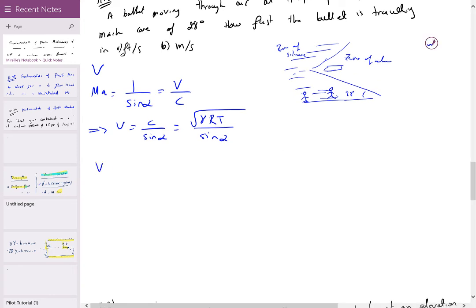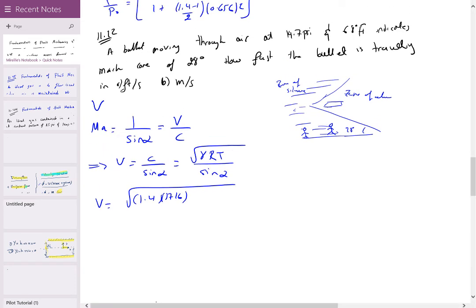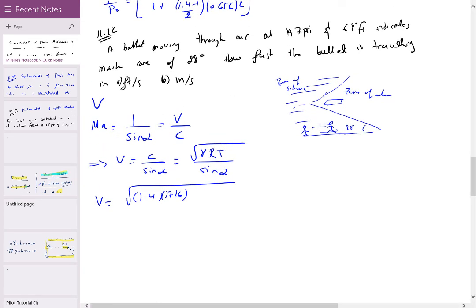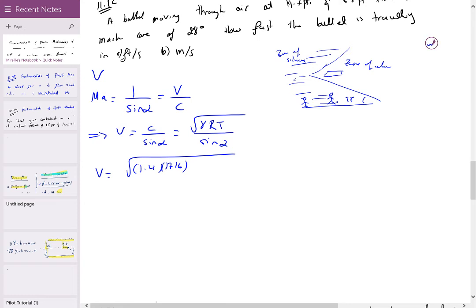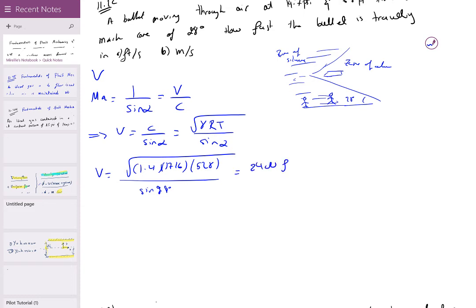Therefore, gamma is 1.4, R is 1716, T is given in Fahrenheit, so I must add 460, so that would be 528. I divide by sine 28. I'd get the answer 2,400 feet per second.